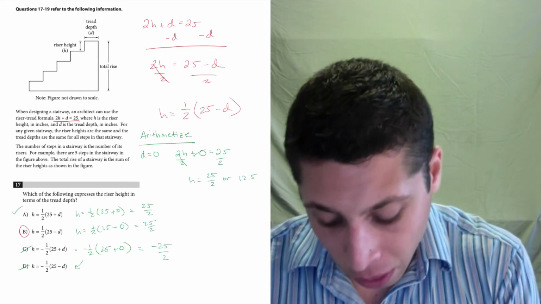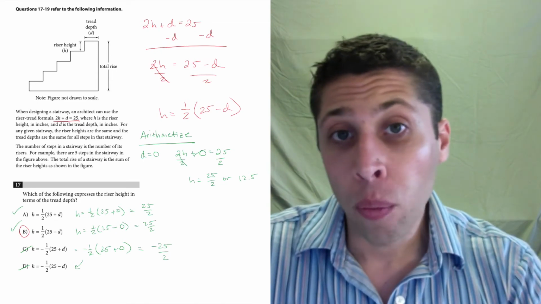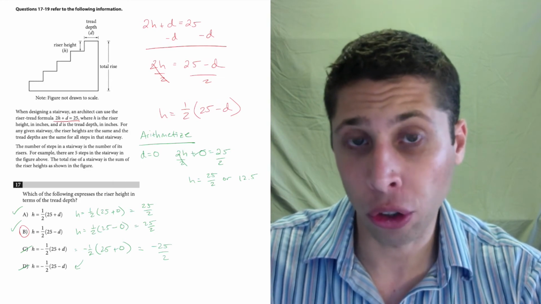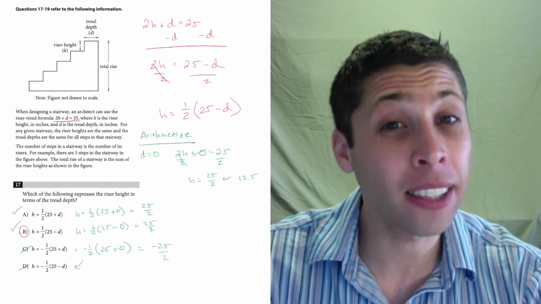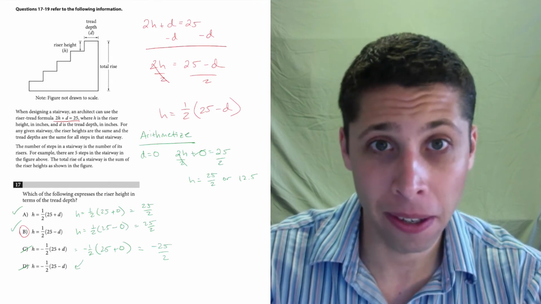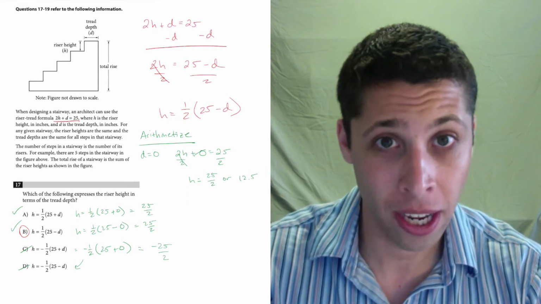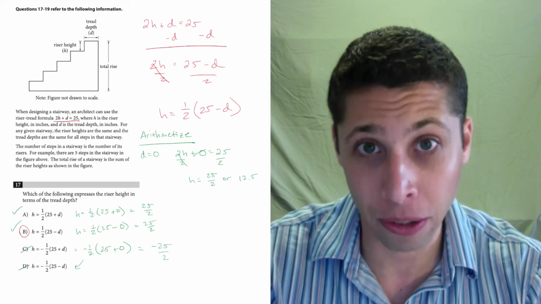So 0 works for both of these, which is why when you arithmetize, you always need to try your number in every single choice, because we're looking to make sure we didn't accidentally pick a bad number. I do not think that 0 is a bad number. I think it very quickly eliminates some answer choices and clarifies the question in ways that let you pick a new number that's really simple as well.